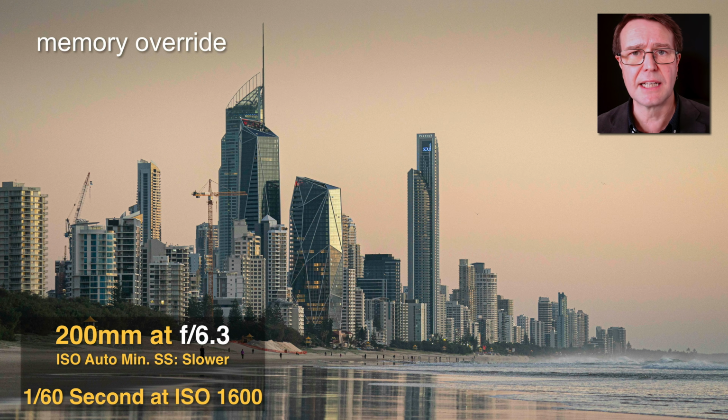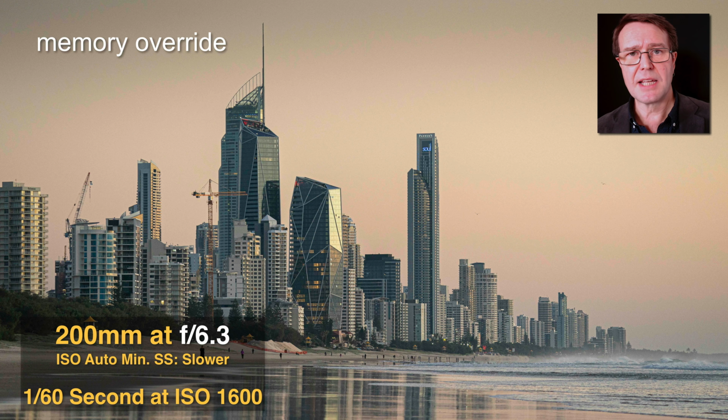Let's take a look at instances where I do override, say, one of my memory presets, in this instance, my landscape handheld. In this instance, I'm using a 200-600mm lens at 200 millimeters. Now, the subject matter doesn't require deep focus, because I'm a long way from the subject matter.